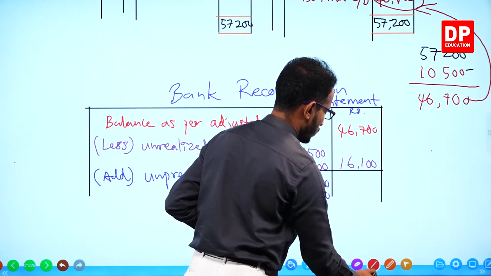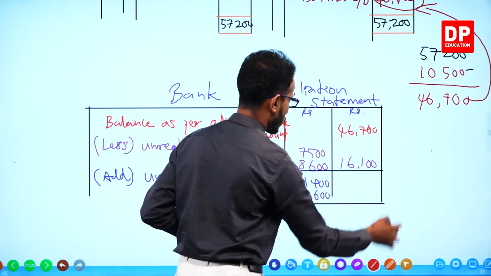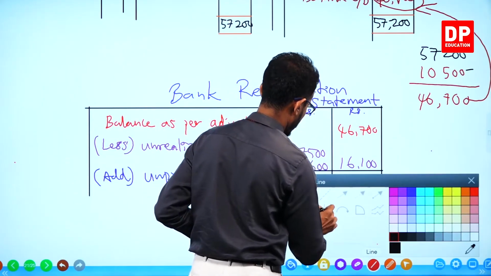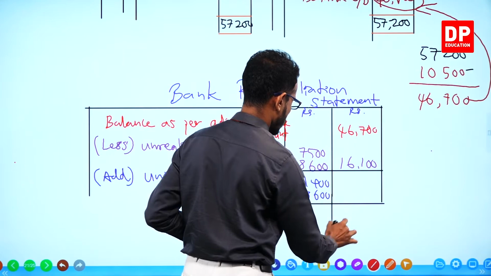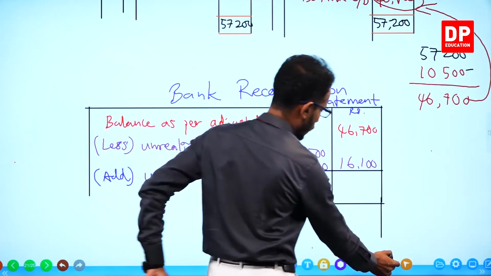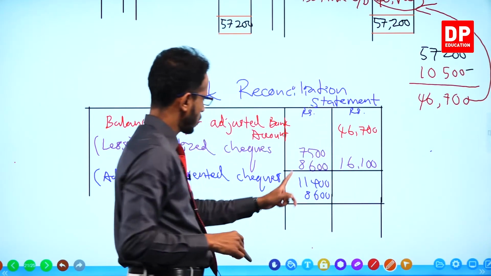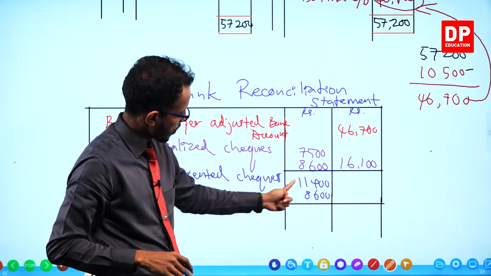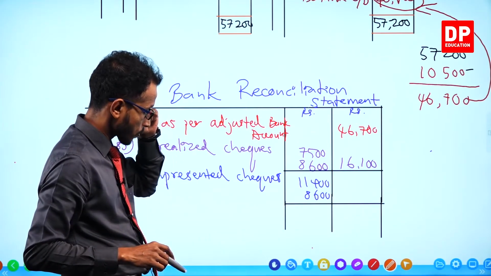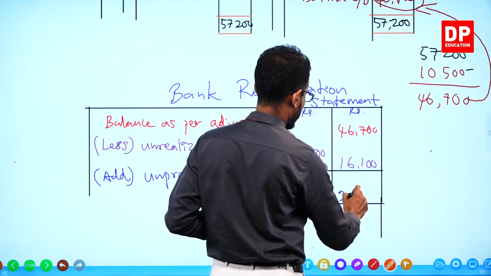Take the total to the next column. What is the total? $11,400 plus 8,600. So it becomes 20,000.